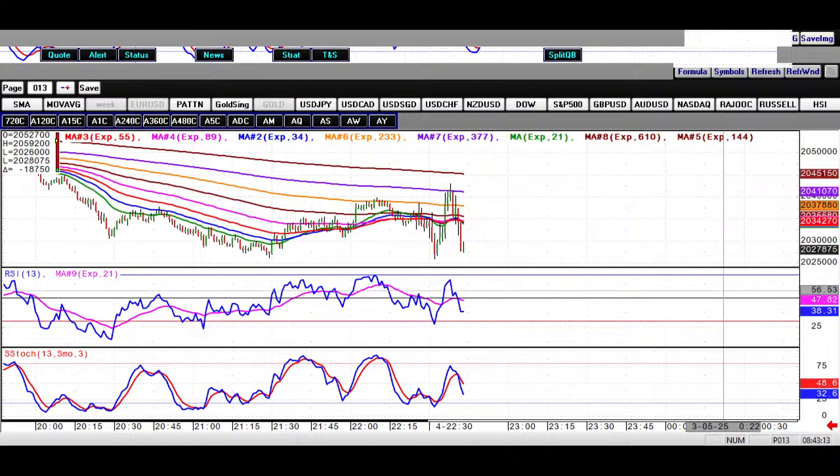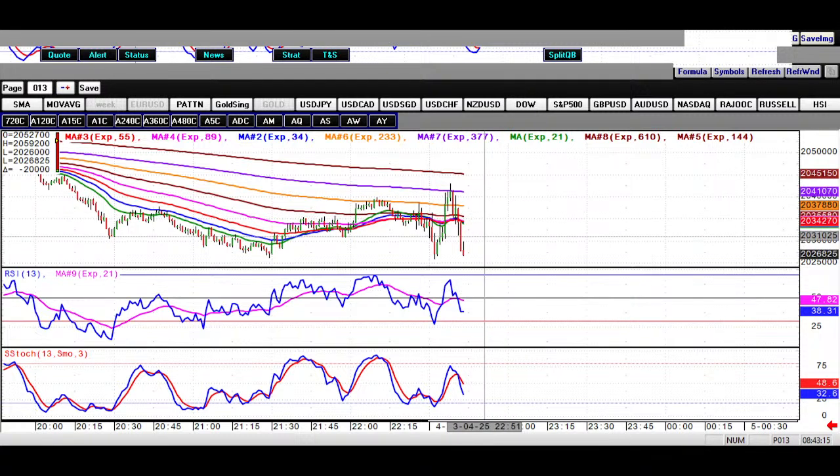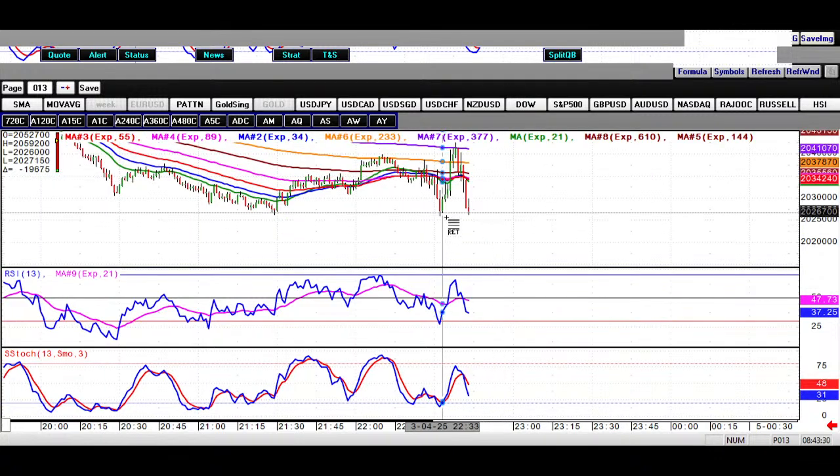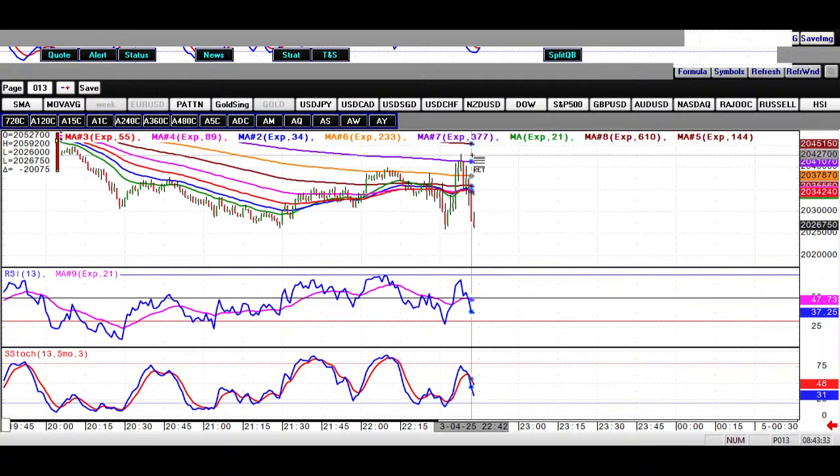Now it looks like it's breaking the low. This is too fast. If this round it can really hold this low, I think we can see the price breaking this high. But if it breaks, then I think it's too bad.